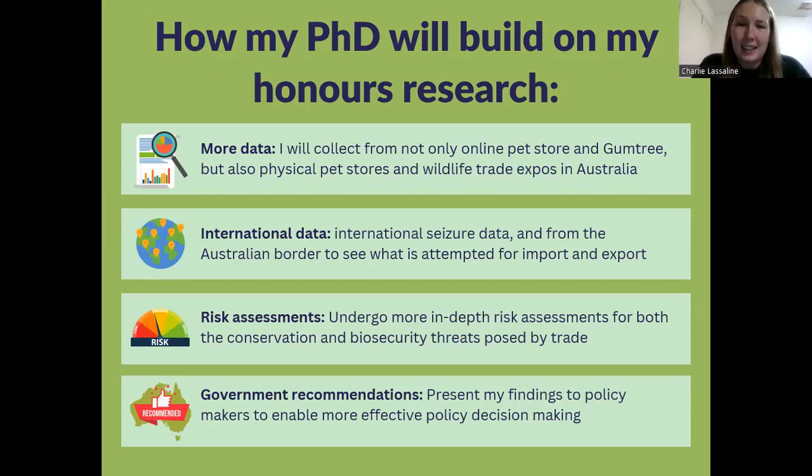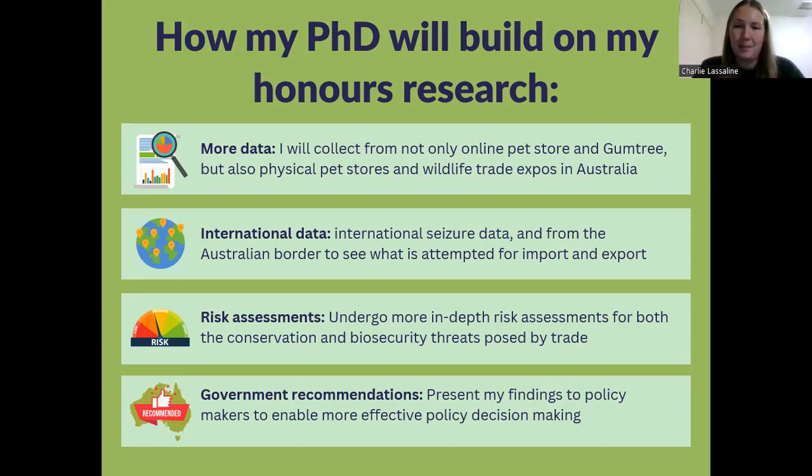So I'm going to be collecting a lot more data. I'll be getting data from Gumtree and online pet stores, but I will also be going to physical pet stores around Australia and going to some wildlife trade expos too, to record everything that I see for sale. I'll be using international data, so I'll be using seizure data.